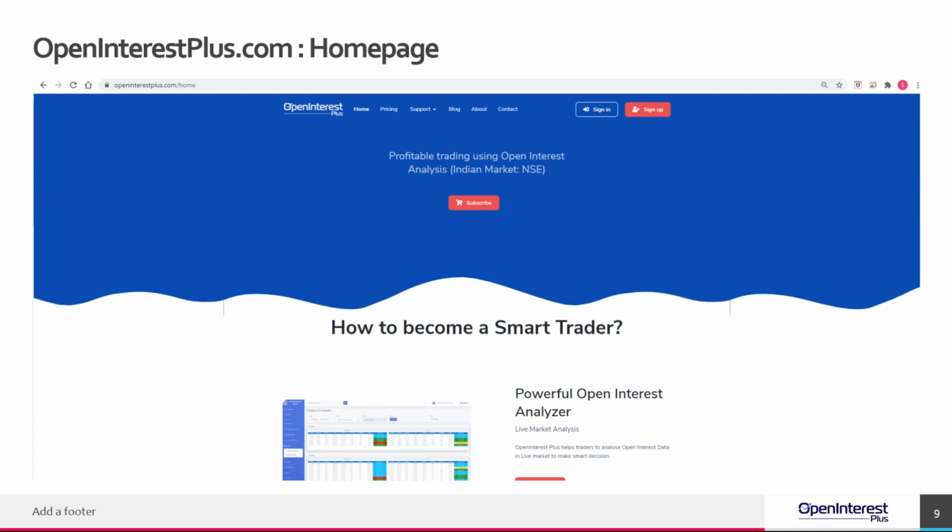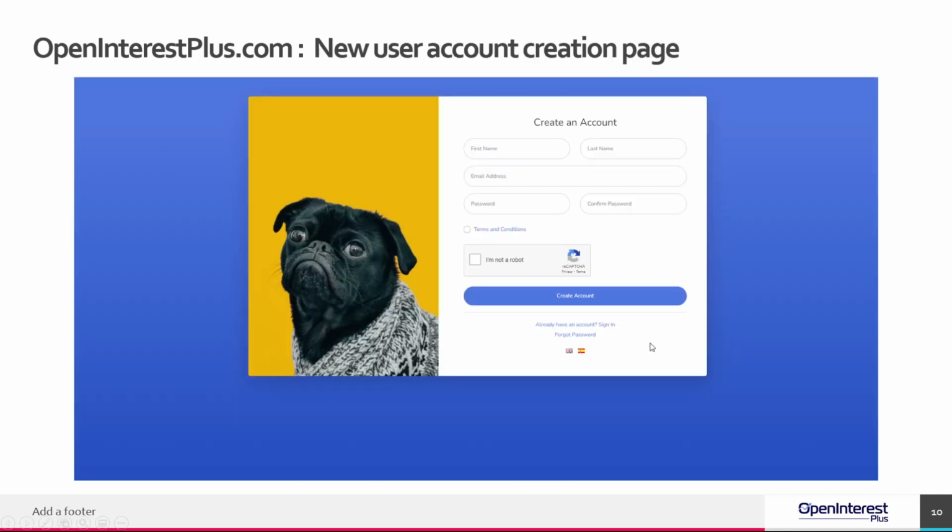You can create a new account. This is how the sign up page, or the new user account page, looks like. You will have to provide your details like first name, last name, email address, and you'll have to agree to the terms and conditions and click on create account.